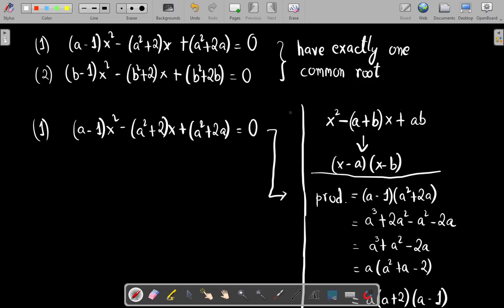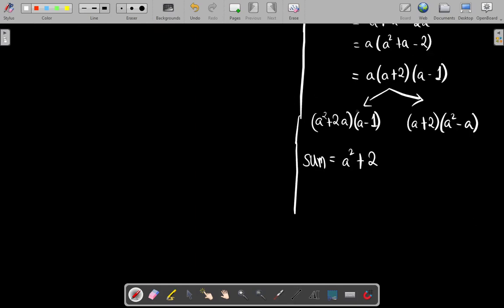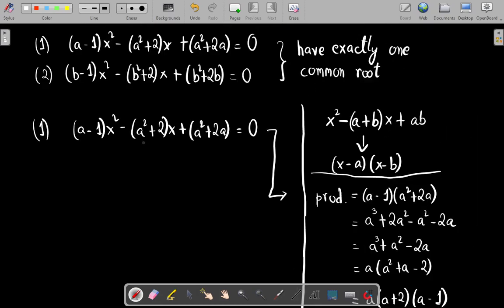If the product is ab, the factors are these, right? (a² plus 2a) times (a minus 1) or (a plus 2) times (a² minus a). While factorizing the middle term, whatever products and factors we get, the sum of those two factors has to match this, right? Otherwise, it won't be factored. The product here is ab, and the sum of these two individual terms is the middle term.